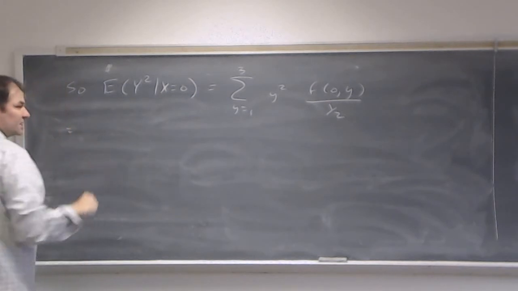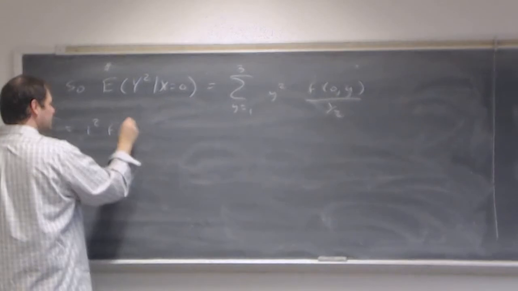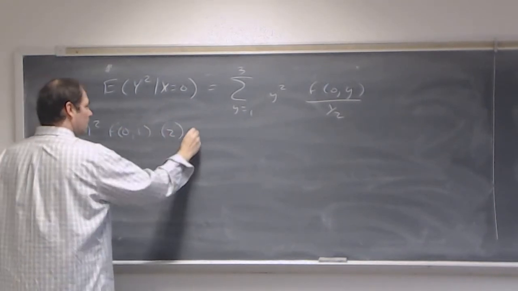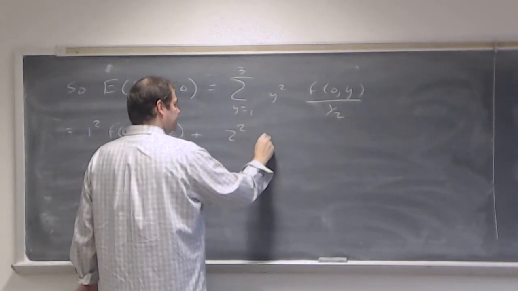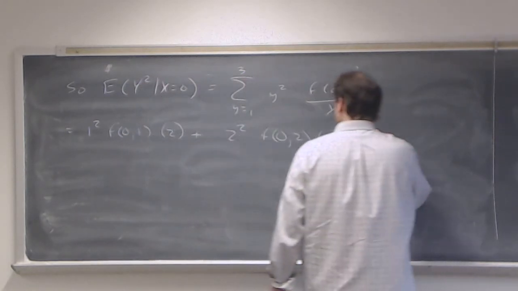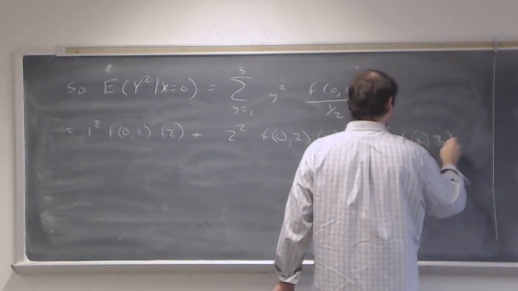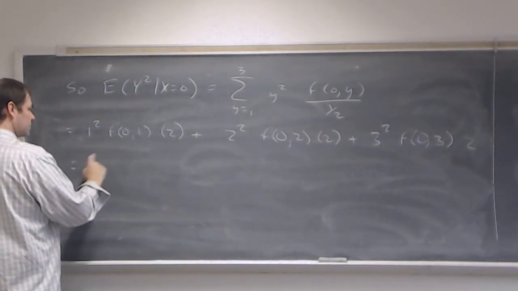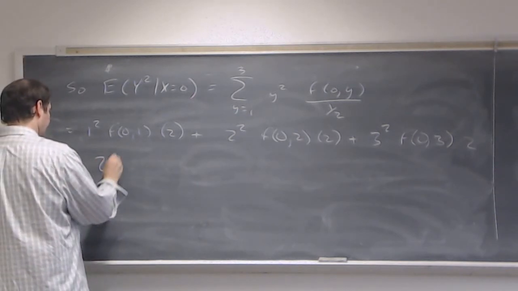So from our chart, this would be 1 squared times f of 0, 1 divided by 1/2, that is multiplied by 2, plus 2 squared times f of 0, 2 times 2, plus 3 squared times f of 0, 3 times 2. So this ends up being, well, this is 1 times 2, and f of 0, 1 is 1/8. So it's 2 times 1/8.